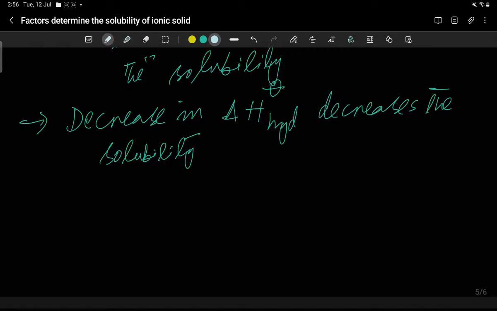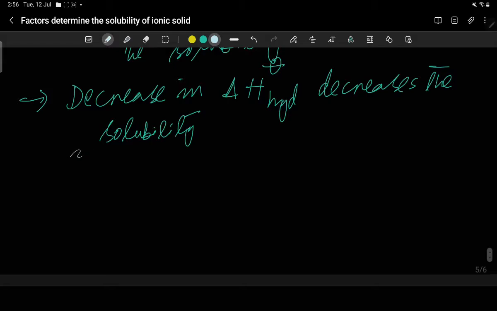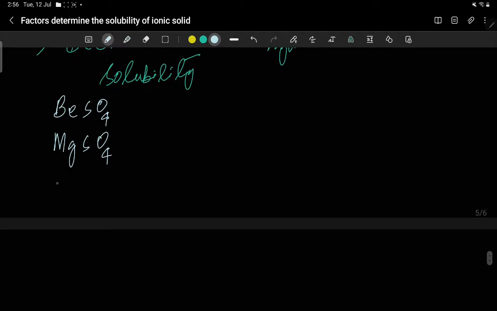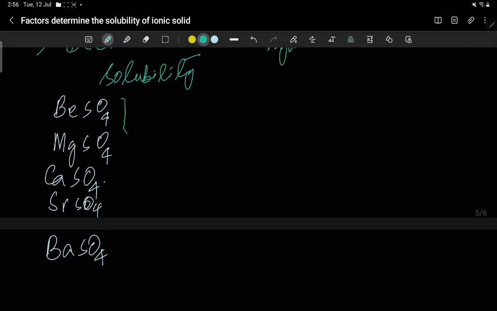Thus, barium sulfate, magnesium sulfate, for example, look at this. Beryllium sulfate, magnesium sulfate, calcium sulfate, strontium sulfate, barium sulfate. So these are group 2 sulfates. These two are readily soluble.